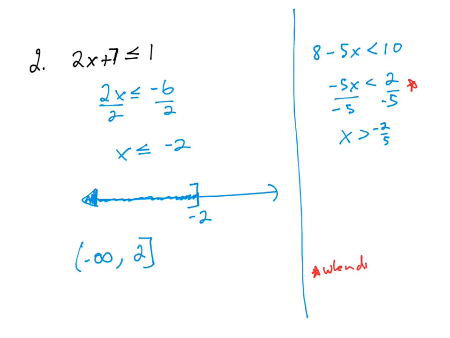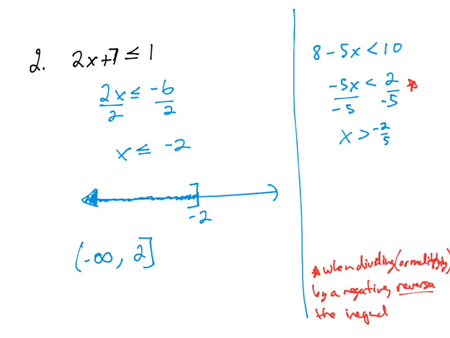When dividing or multiplying by a negative, reverse the inequality. That's kind of the only thing that we need to be aware of here that's different than solving an equation.